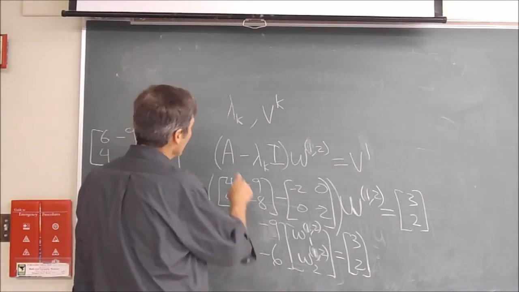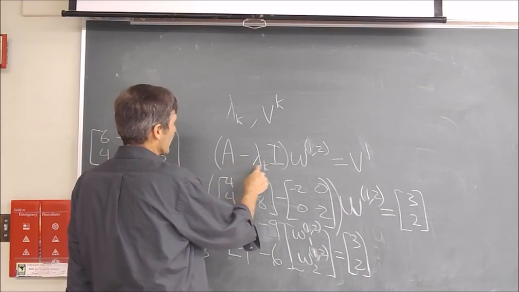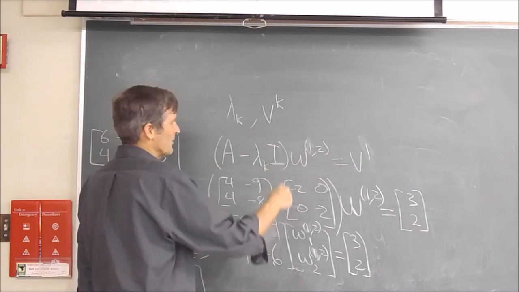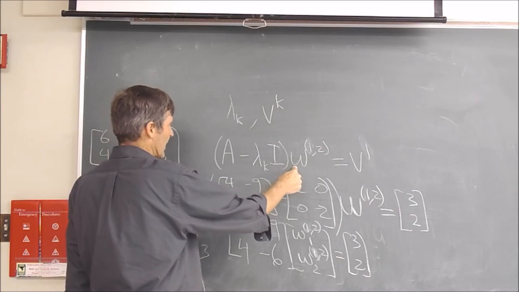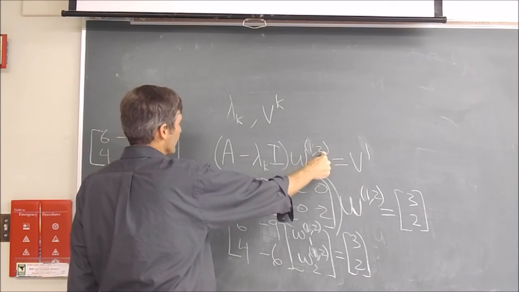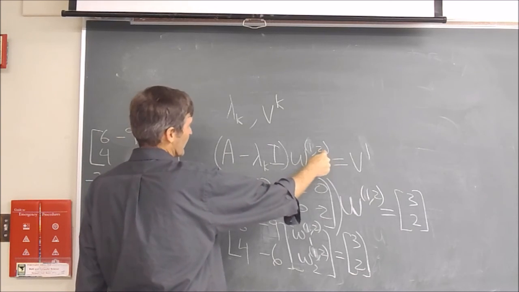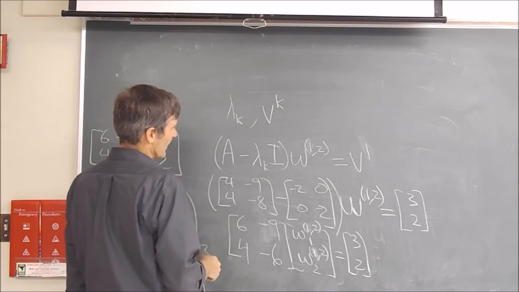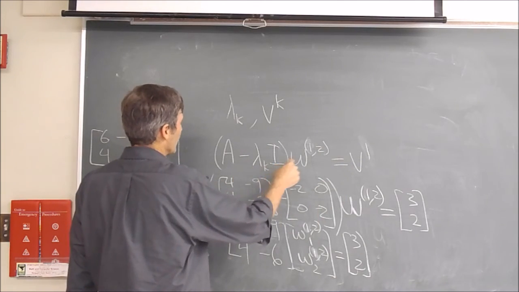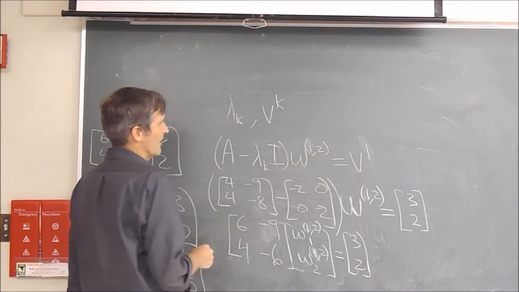We said we solve A minus lambda identity W equals V. I'll solve for W12 because I'm solving for a generalized eigenvector corresponding to eigenvalue 1, an eigenvector of order 2. So A minus lambda I W equals V will solve for the generalized eigenvector.